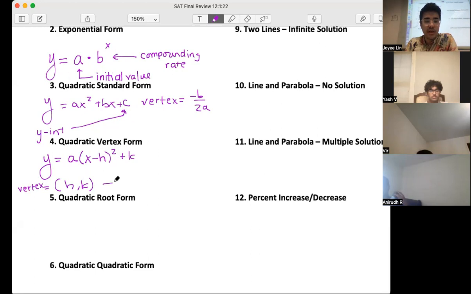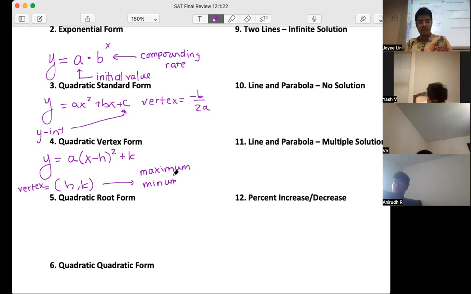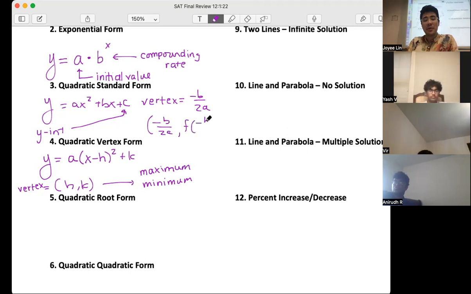What's the code word for vertex? Maximum or minimum, right? It would be negative b over 2a, comma, f of negative b over 2a, right? Where you plug it back into the equation to find the vertex.